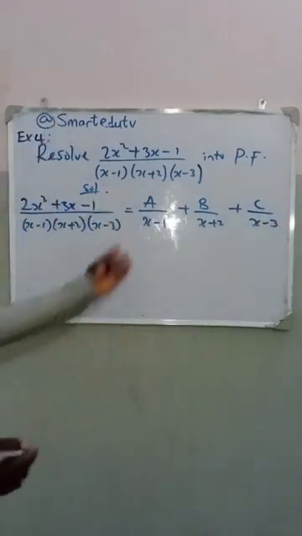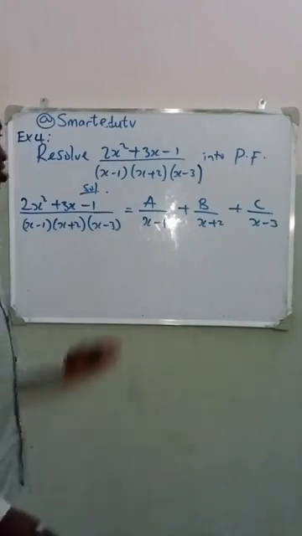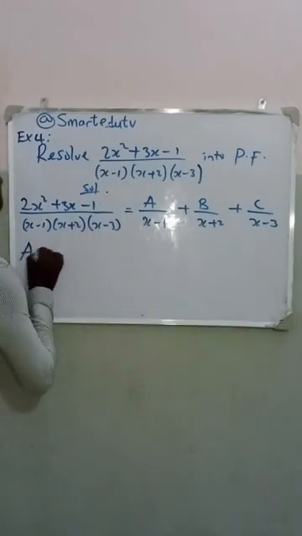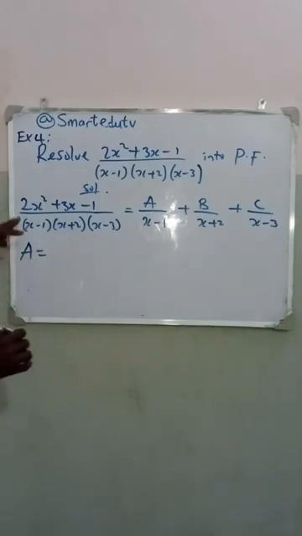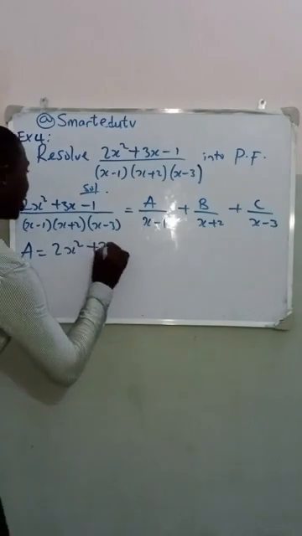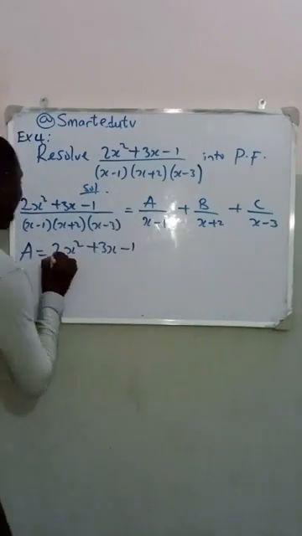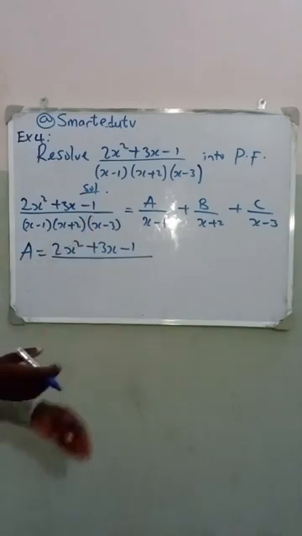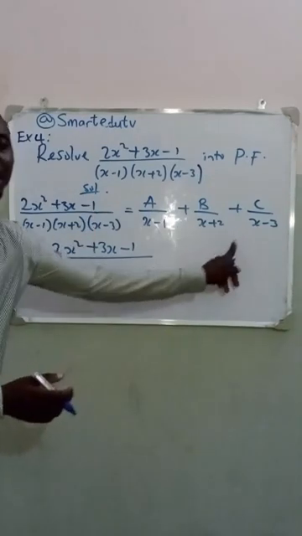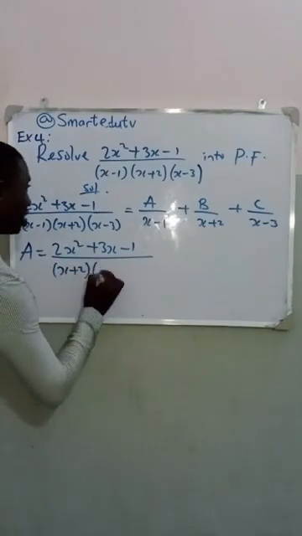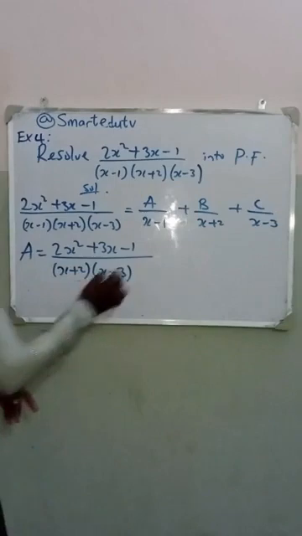Similarly, you can use Heaviside's method. To get the value of a, take the numerator 2x squared plus 3x minus 1 divided by the neighboring denominators, x plus 2 and x minus 3.